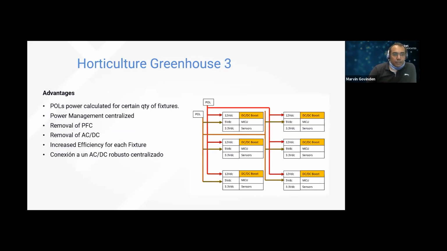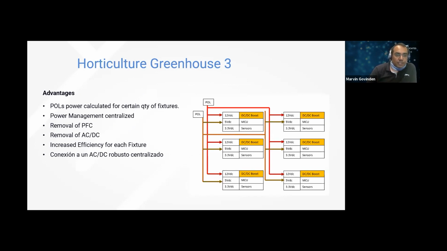So basically we're distributing the power. The advantages: we're distributing the power with points of load to a certain quantity of fixtures. It's not conversion inside every single fixture. We're managing the power centrally. It's a centralized power distribution system, so we can monitor what's going on at one point.